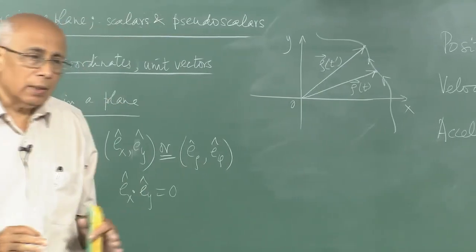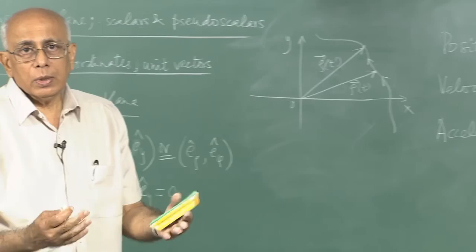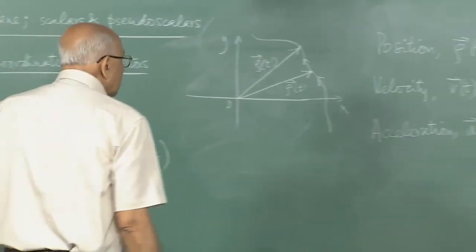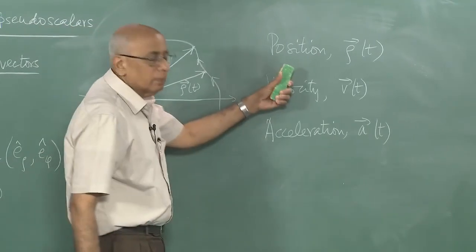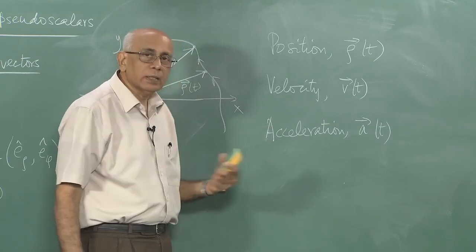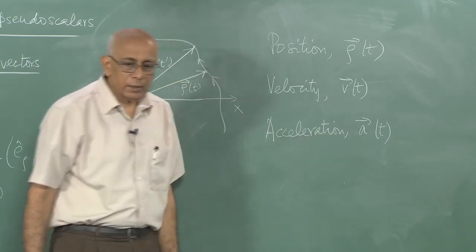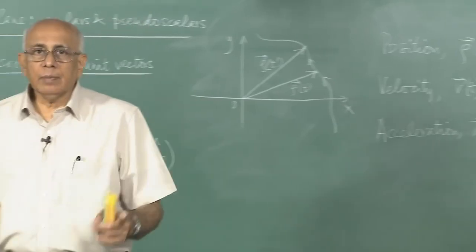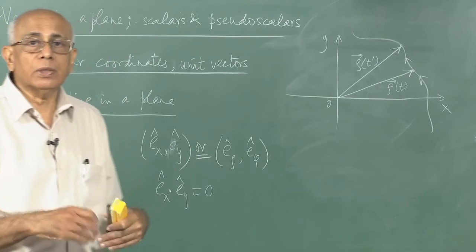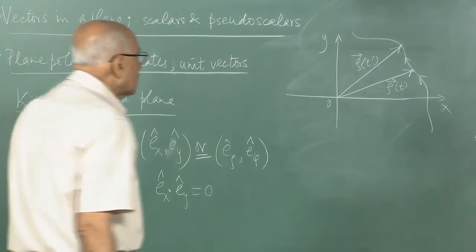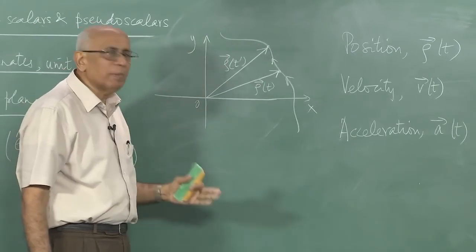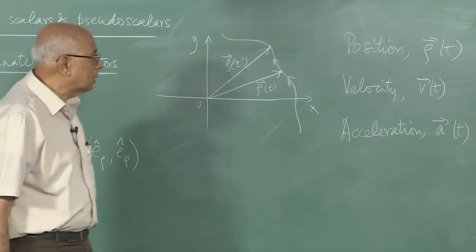We are going to say under a given force, we are going to use Newton's laws and say the force is equal to the mass times the acceleration, and then we are going to have to solve for the position in general. So the idea is if you give me the force on the particle at any instant of time, you are giving me its acceleration, and the problem in dynamics is to work backwards from that and discover what its velocity is, and then again backwards to discover what its position is as a function of time, so that you can predict the trajectory of this particle. So that is the basic problem of particle dynamics.